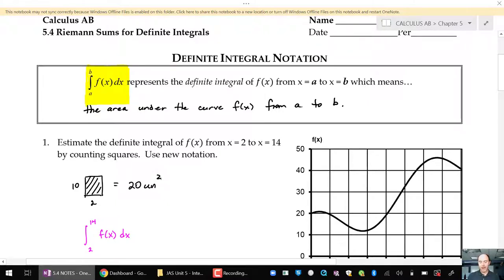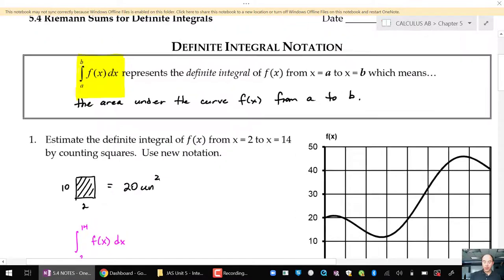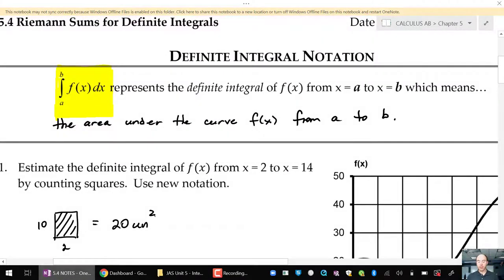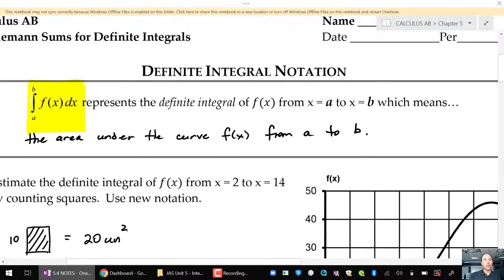And so just as a little bit of background right here, remember that the integral from a to b of f of x is essentially the definition of what a definite integral is. And it means the area under the function curve of f from the lower bound a up to the upper bound of b. Sometimes we say lower limit, upper limit, but it's the same idea for those.